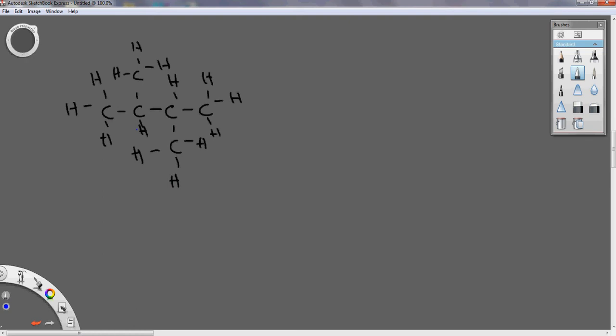Alrighty, so did you guys find the longest path? There were several you could have found. You could have chosen this. You could have chosen this. Yeah, I think those are the only ones you could have gone with. Oh no, I'm sorry, there's more. So as long as your path had 4 carbons, it's right.